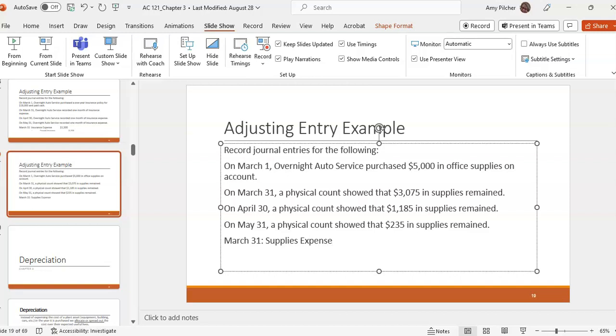We take the 5,000 we started with and subtract the 3,075 that we have left, and we see that we used $1,925 in supplies. Then our credit is to the supplies account because we have less supplies now.